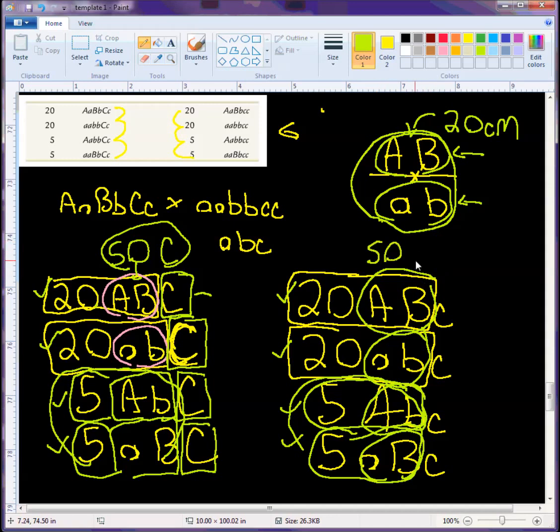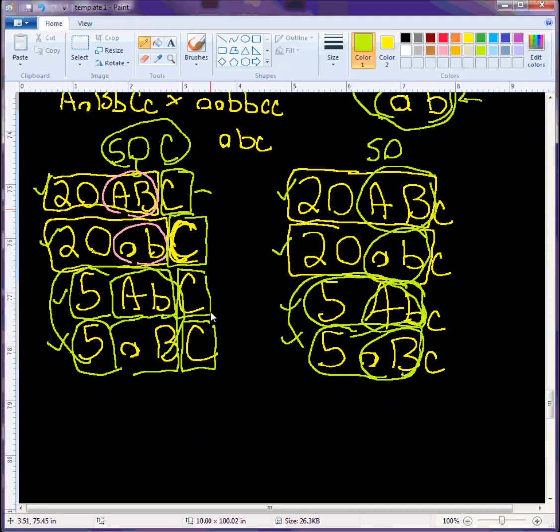So that's telling me that C is assorting independently of A and B. And why is it sorting independently? Because we don't see either the big C or the little c found predominantly with any of the genotypes. We find it at equal frequencies, like it's assorting independently of any of the other alleles.